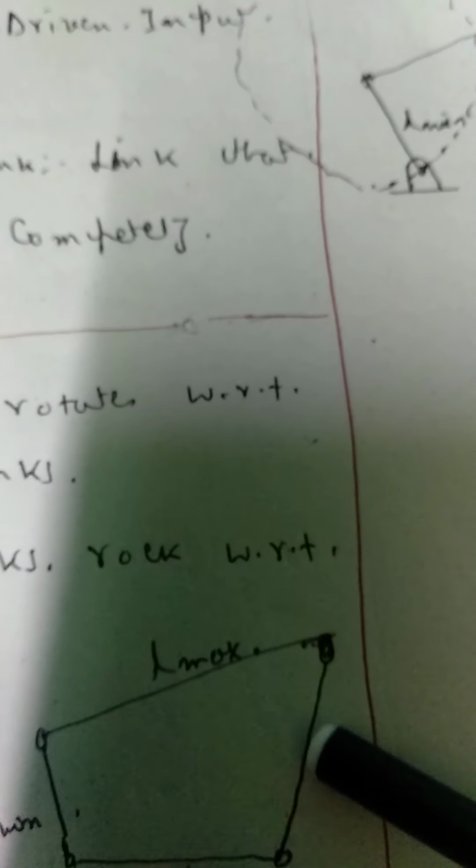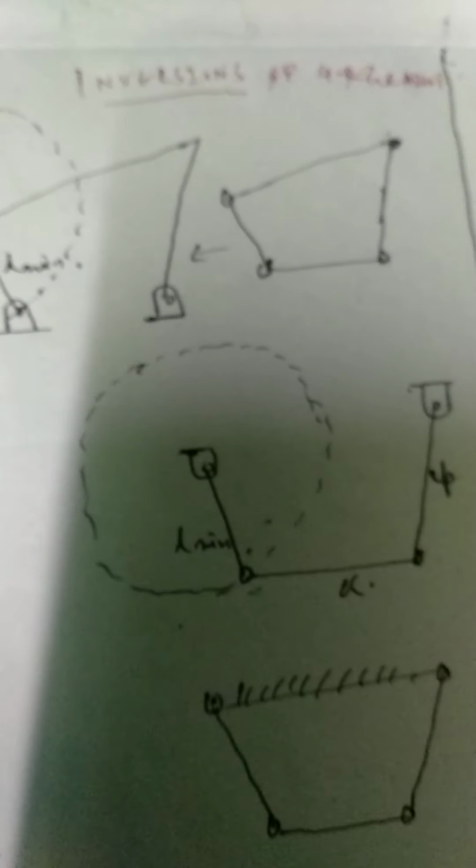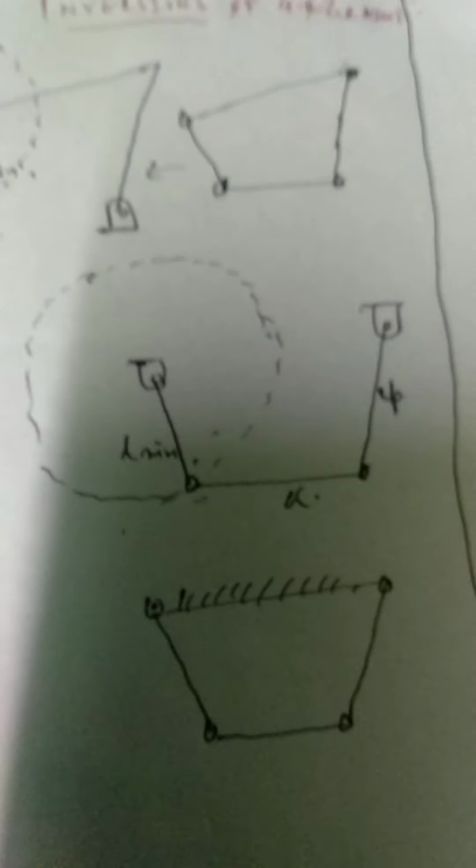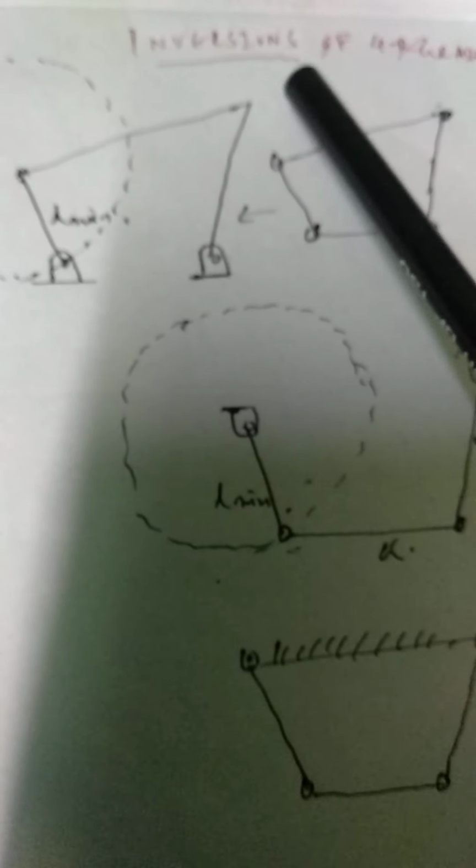Okay. So you can see the two Grashof's chain diagrams, the two different combinations which I have drawn over here. This is the same Grashof's chain which I have shown over here. So here I have drawn the 4R linkage, and this is the L min, the smallest link.